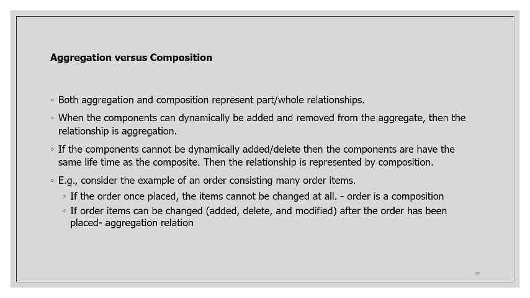When the components can dynamically be added and removed from the aggregate, then the relationship is aggregation. But if the components cannot be dynamically added or deleted, then the components have the same lifetime as the composite. So in that case, the relationship is represented by composition.